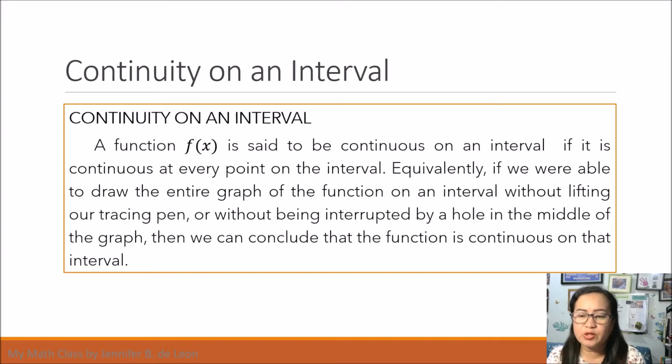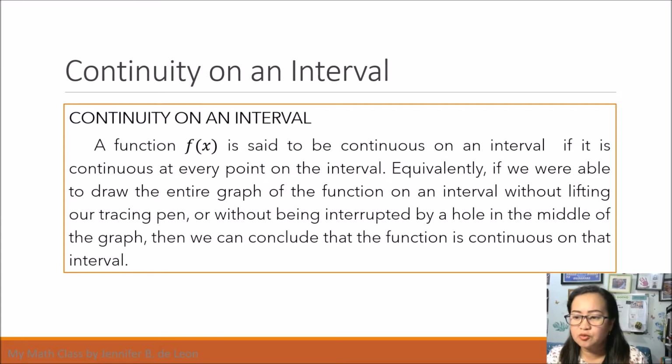Equivalently, if we were able to draw the entire graph of the function on an interval without lifting our tracing pen or without being interrupted by a hole in the middle of the graph, then we can conclude that the function is continuous on that interval. It's just an implication that this time we are going to have more than one number, but the definition of continuity is still the same.